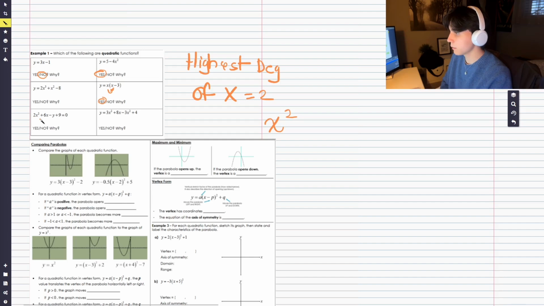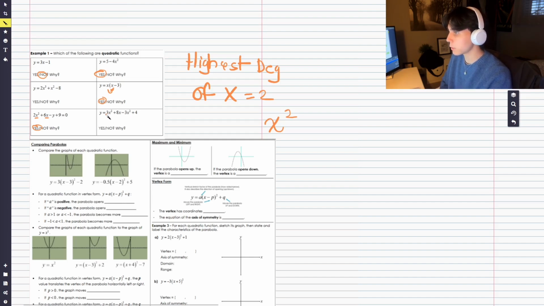And then this here, you look at our degree of x's, and 2 is going to be the highest degree, so we're going to have a quadratic function. And then this here, we have plus 3x squared minus 3x squared.